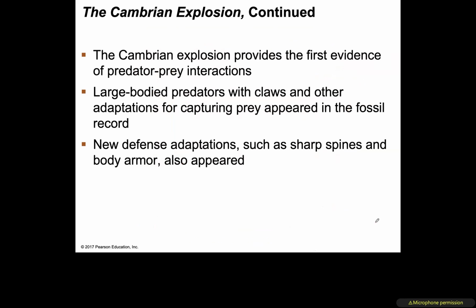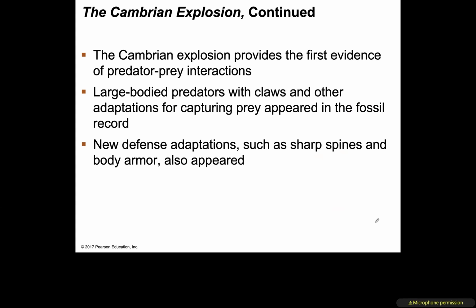So that Cambrian explosion provides the first evidence of predator-prey interactions. There was lots going on: lots of predator body shapes and lots of prey body shapes. Prey could be predators to other things and vice versa, and everything was pretty much eating everything else.